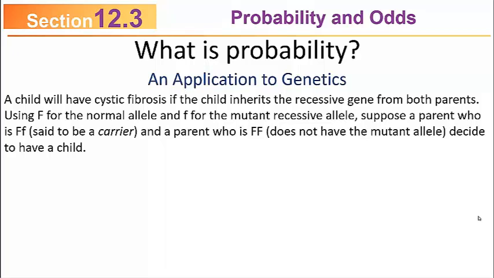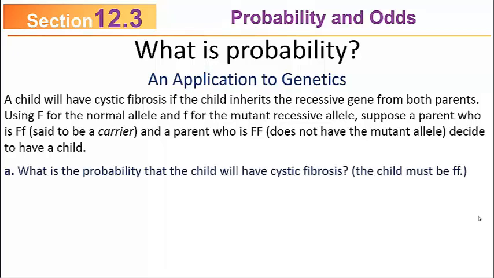If we want to do a Punnett square for those to decide what the probabilities are for the child, I can ask any number of questions, but let's start out with this one. What is the probability that the child will have cystic fibrosis? Remember, it has to be little f in order to have cystic fibrosis because the normal is the dominant.